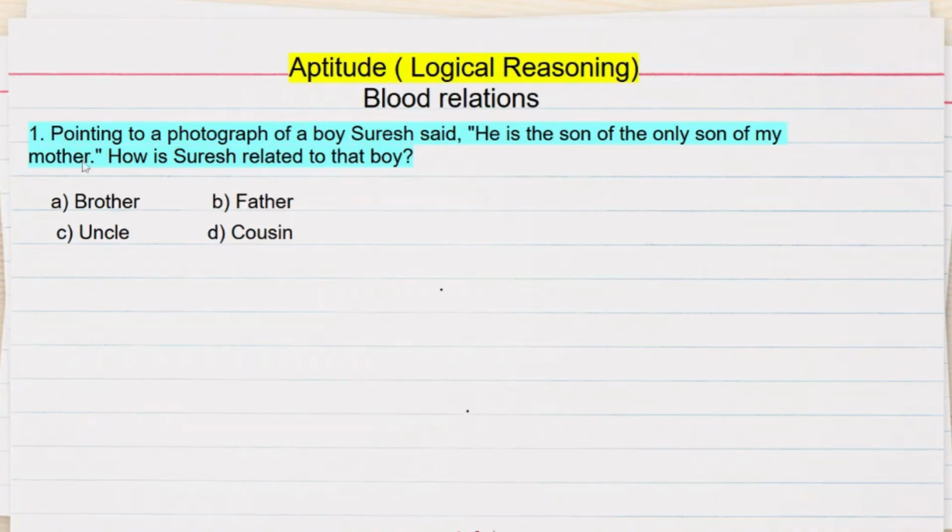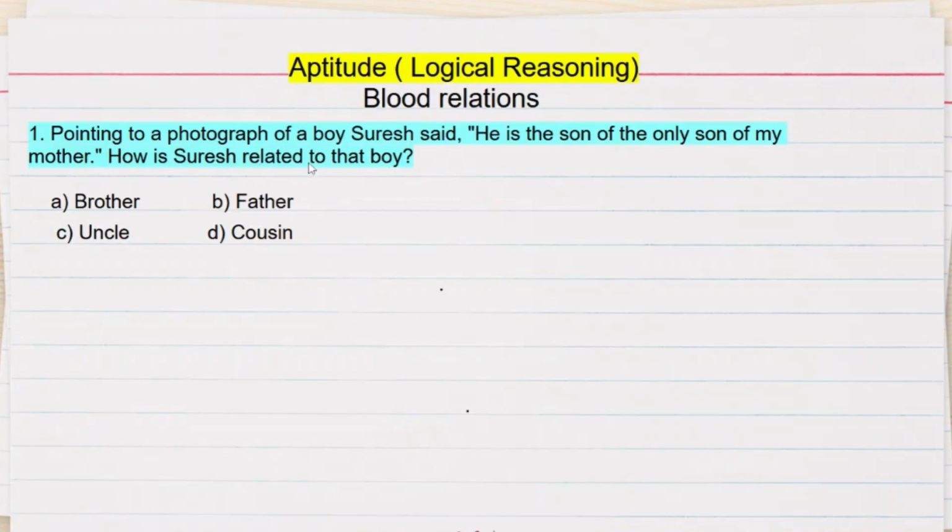What I mean by that is, let's say the question is: pointing to a photograph of a boy, Suresh said, he is the son of the only son of my mother. How is Suresh related to that boy? So we'll start with the mother here. We'll start from the last, then go to the very first, and then see what relation is being asked.